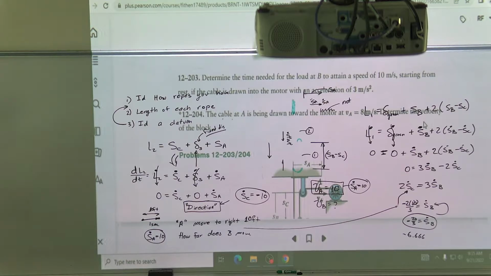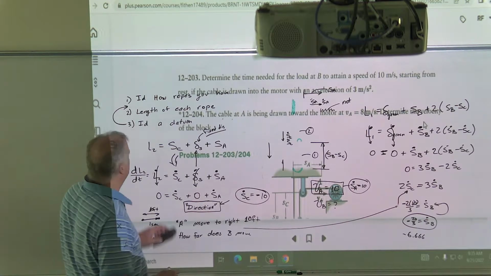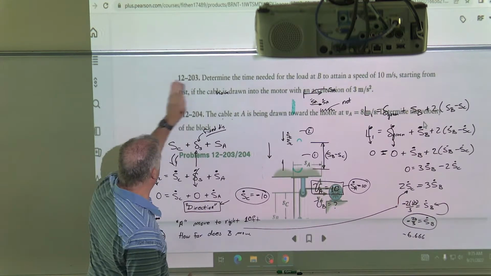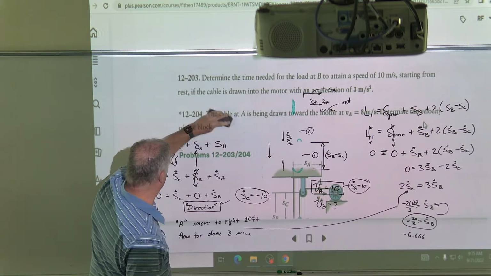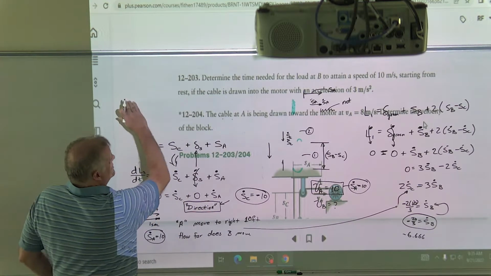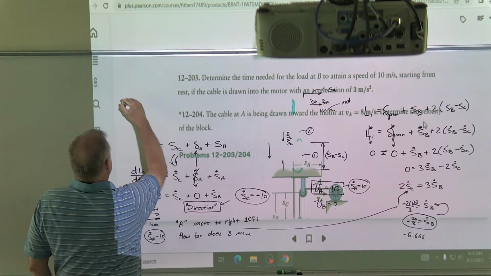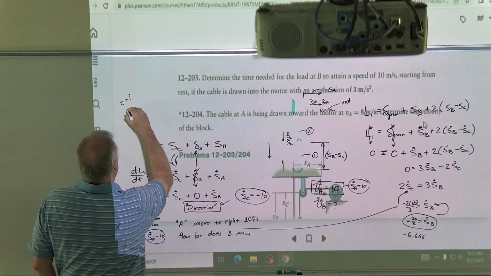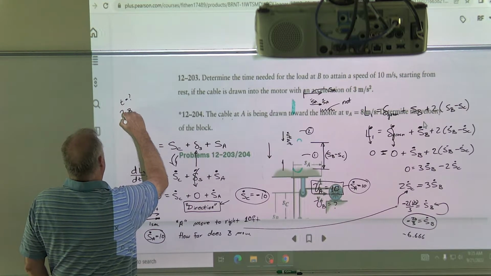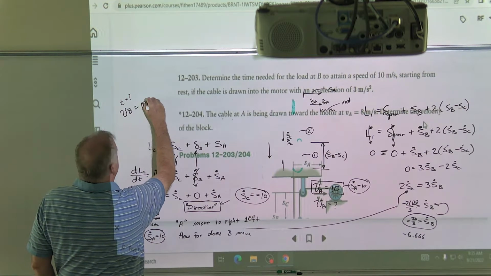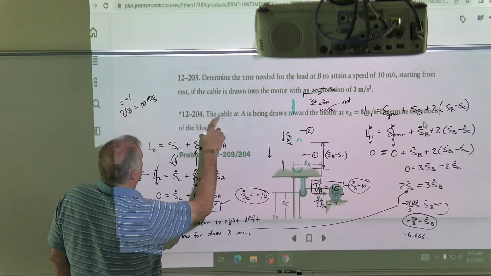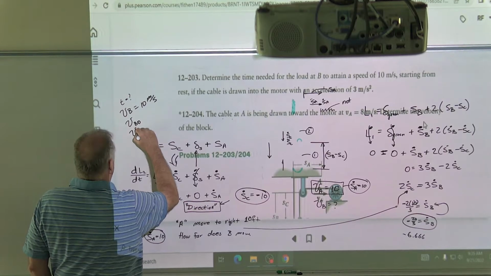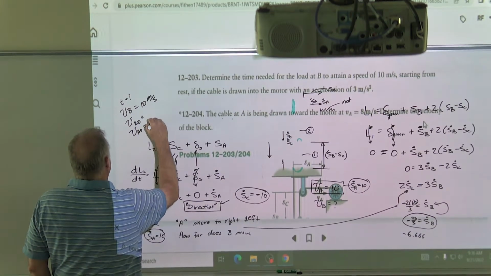Okay. Let's, since I'm going to have to scroll it back up, let me go ahead. I've got the equations already worked out here. I'm going to write a couple things down there. So he wants to know the time needed for B, the velocity of B, to equal 10 meters per second, starting from rest, velocity B 0, the same thing, velocity A 0, equals 0.